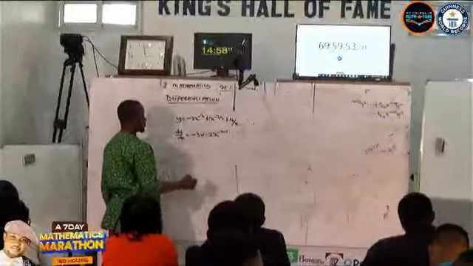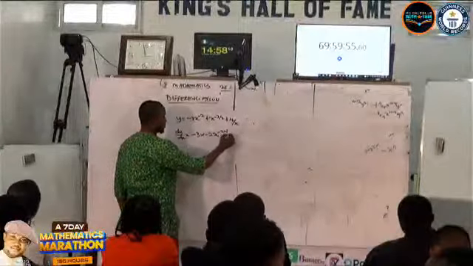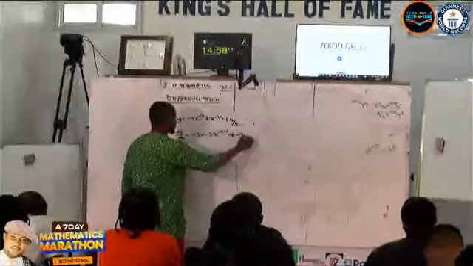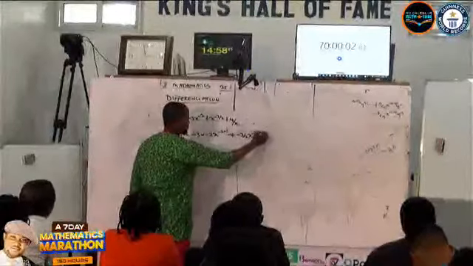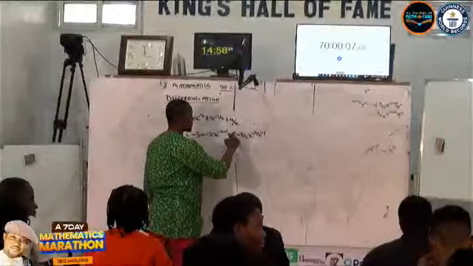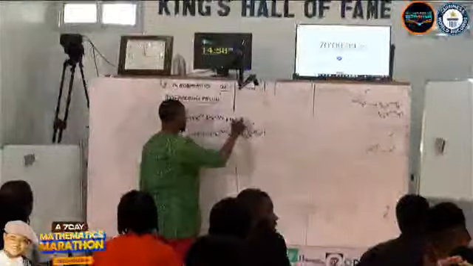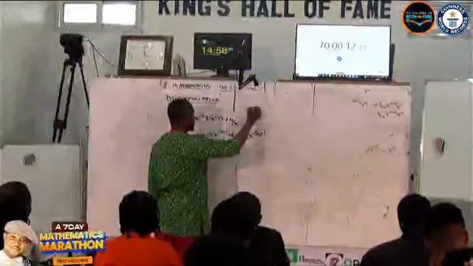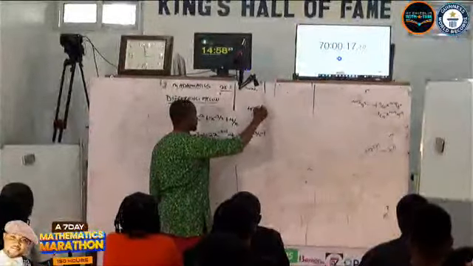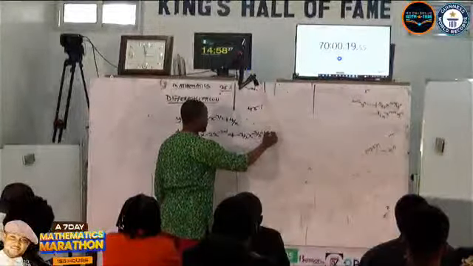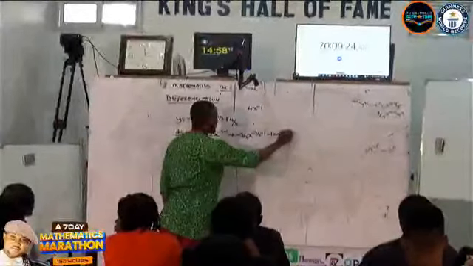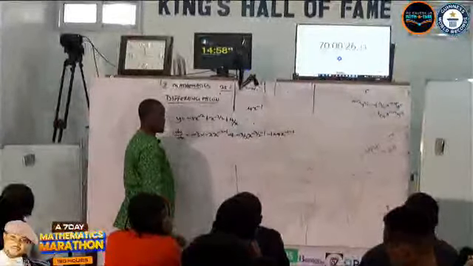Are you following me? Then plus x^(-3/2-1). You know, this place is 4x to the power of minus 1. So minus 1 times 4, x to the power of minus 1 minus 1. Is that true?